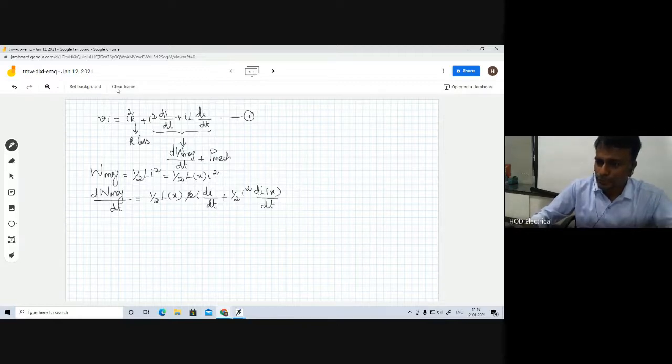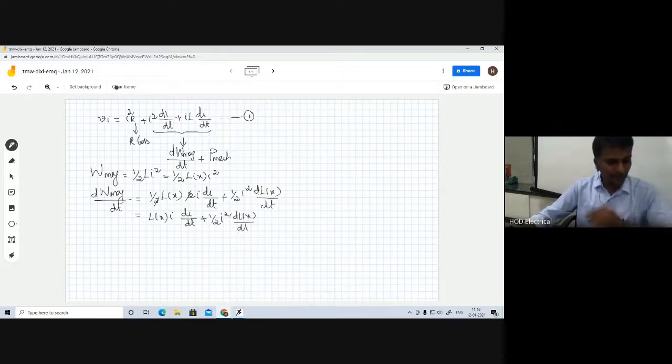So the 2 will be cancelled. Therefore, L of x into I into dI divided by dt plus half I squared into dL of x divided by dt.